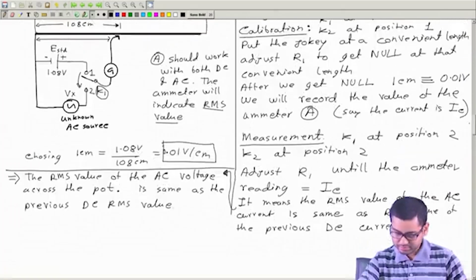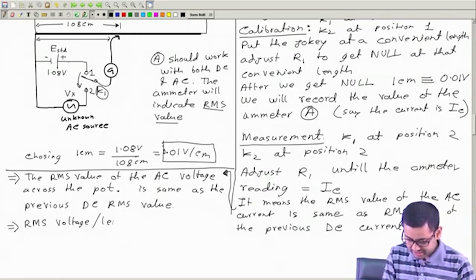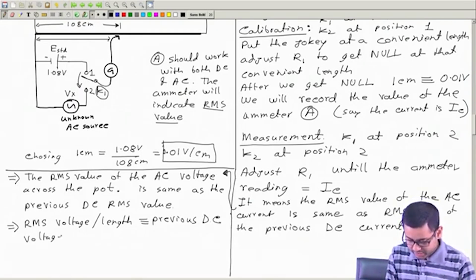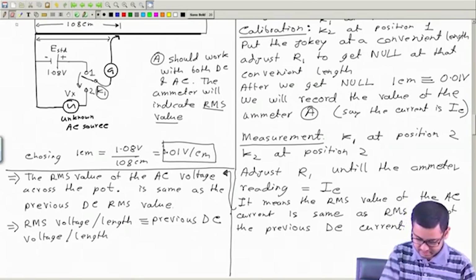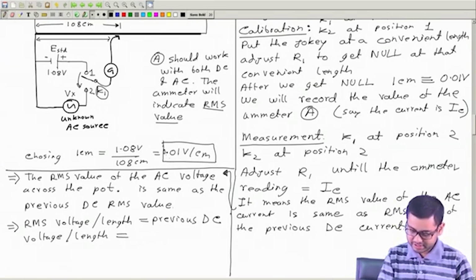So RMS voltage per unit length will be same as the previous DC voltage per unit length, which is same as this 0.01 volt per centimeter by choice.